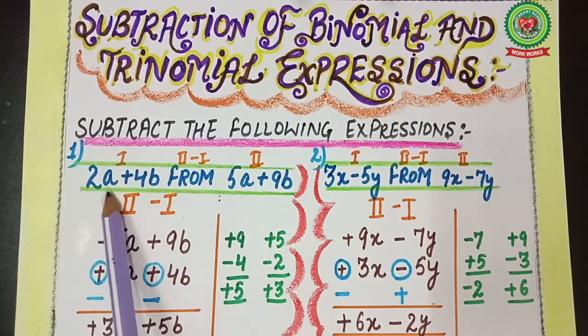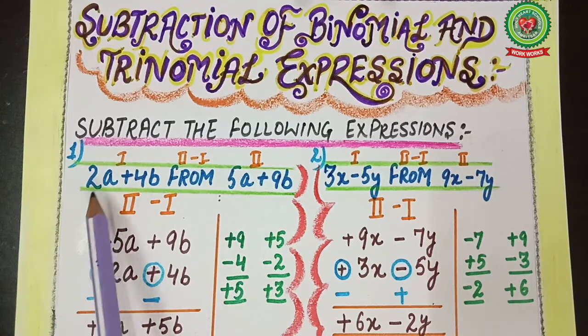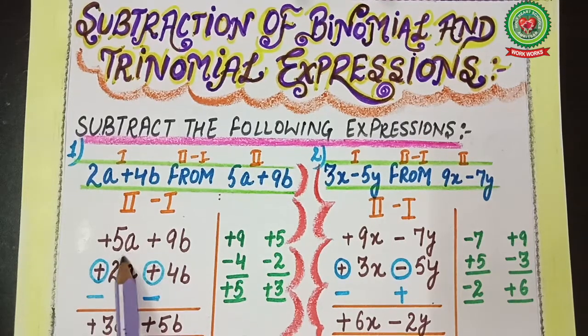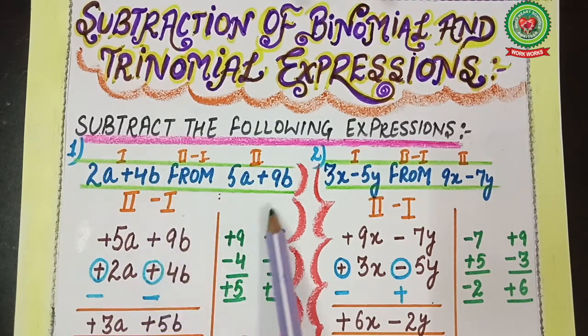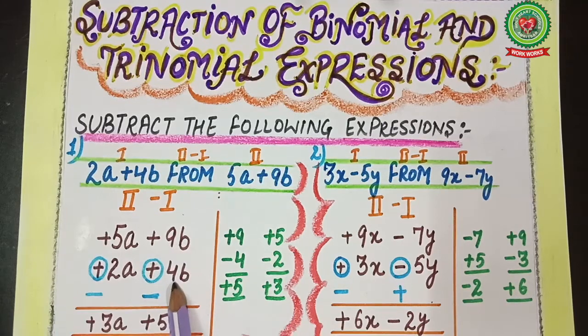Now here you will see that the first term of this expression is 2a. So you will write this term under the term with the variable a. Now here you can see that this is the term with the variable a. So that means you will write 2a just below 5a, right? So here I have written. Next is plus 4b. So you will write 4b just below plus 9b, right?